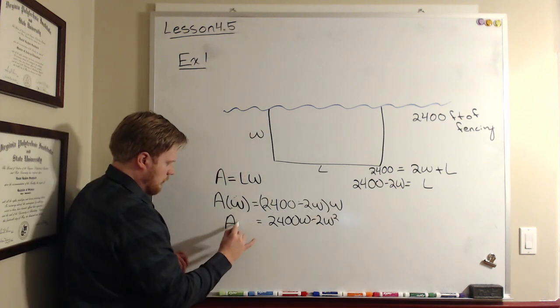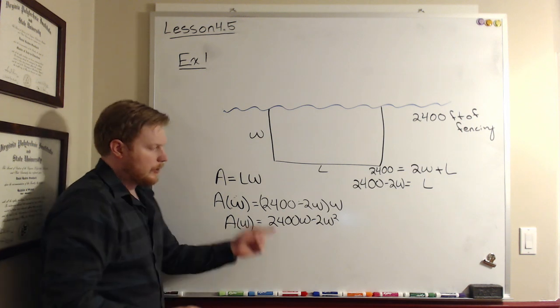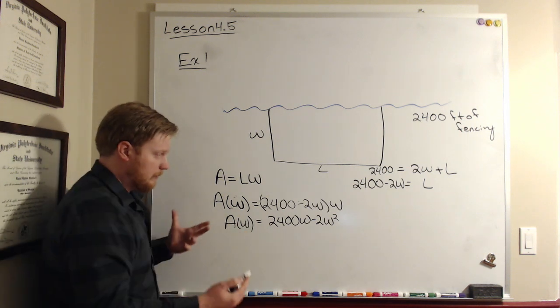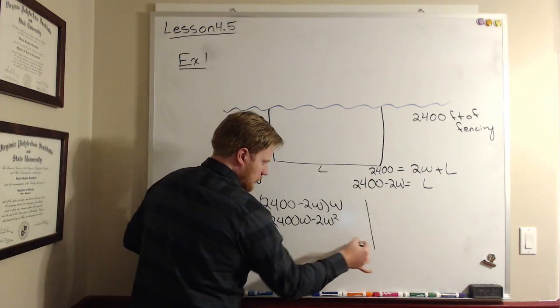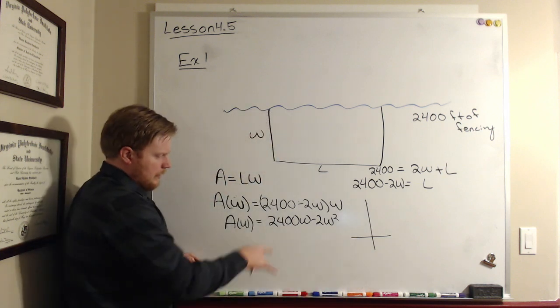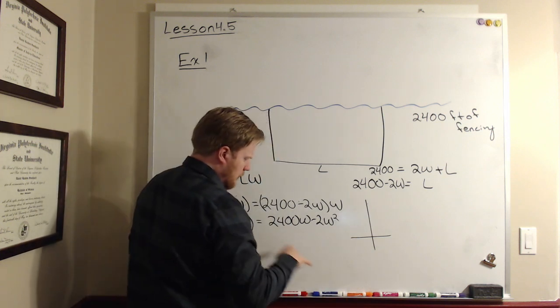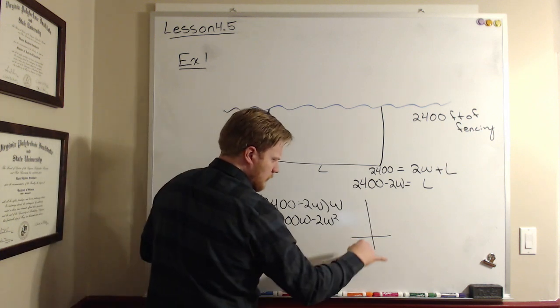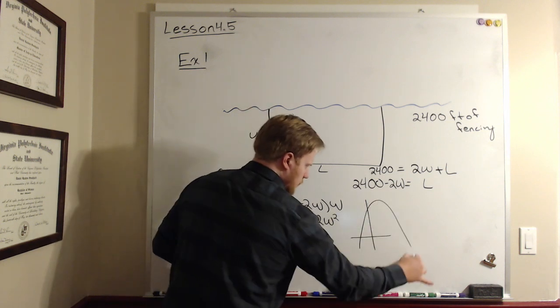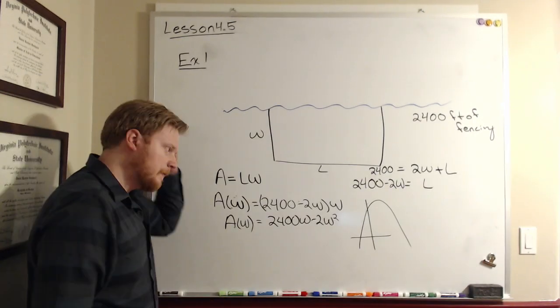Now, if we think about what this looks like, it's a parabola that opens downward, and it's been shifted up 2,400-ish. It's going to be a large parabola.